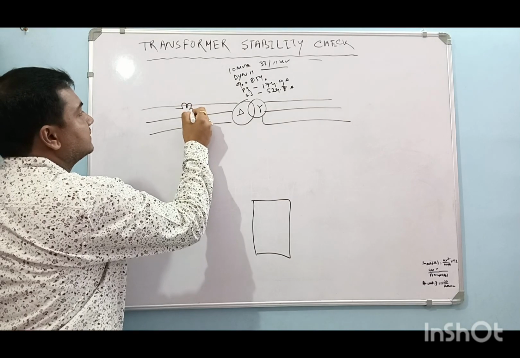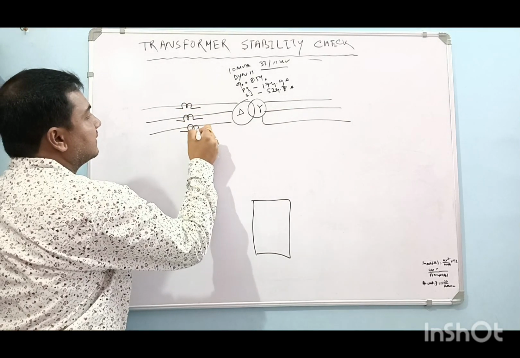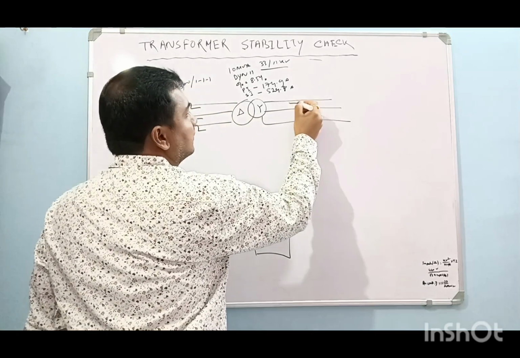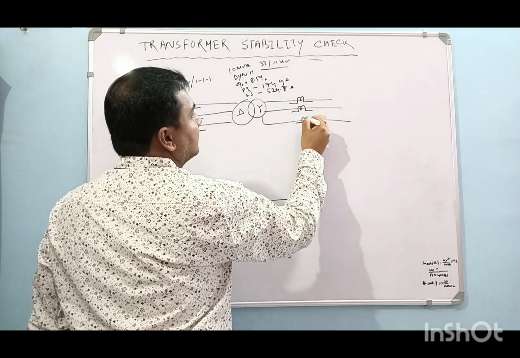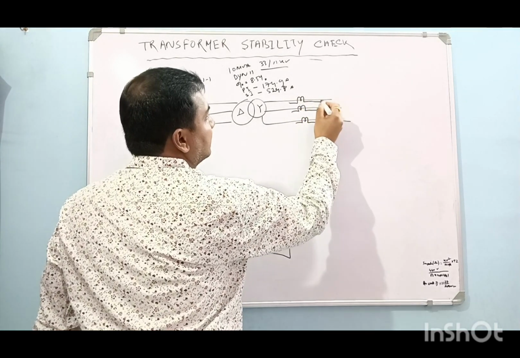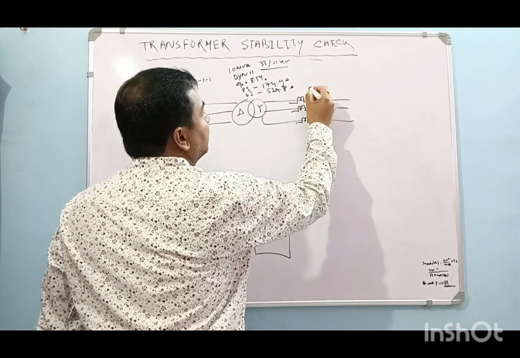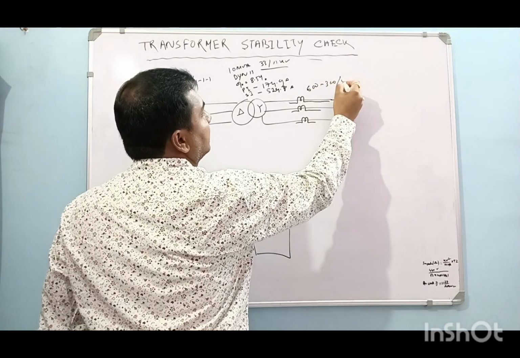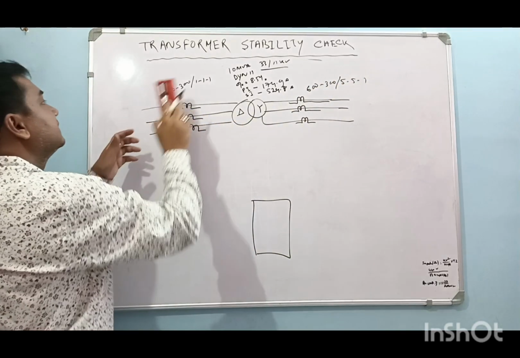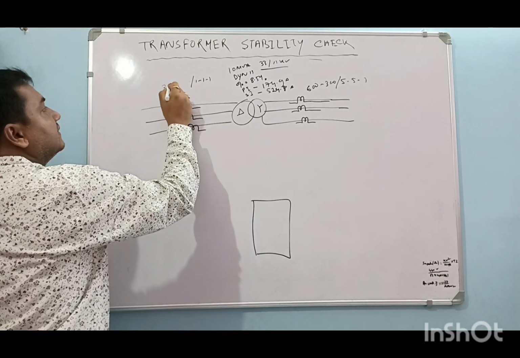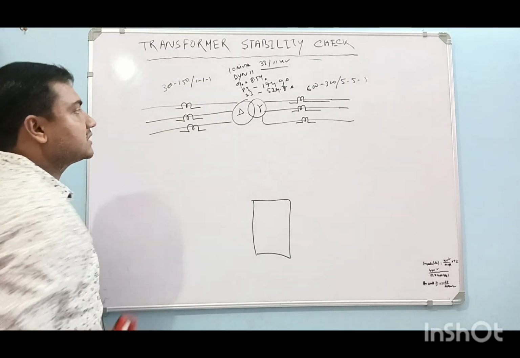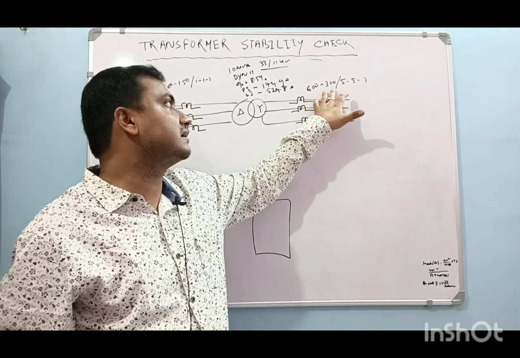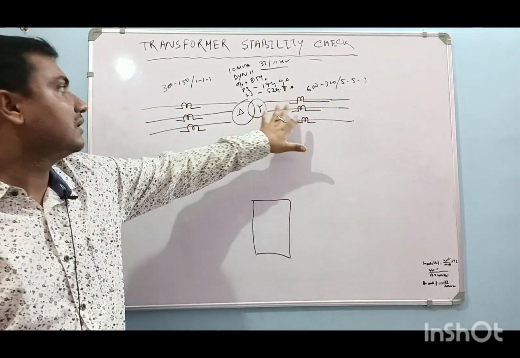Suppose CTs are connected. The HT side CT ratio is 300 by 1, and the 11 kV side CT ratio is 600 by 1.